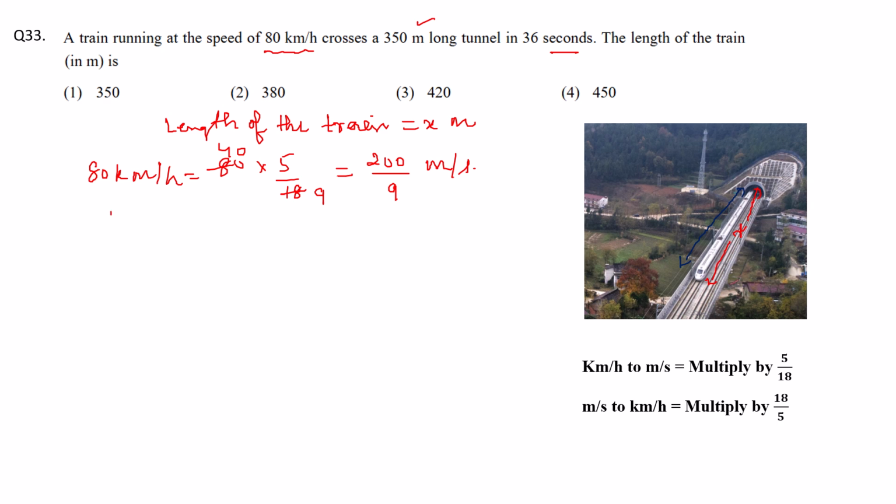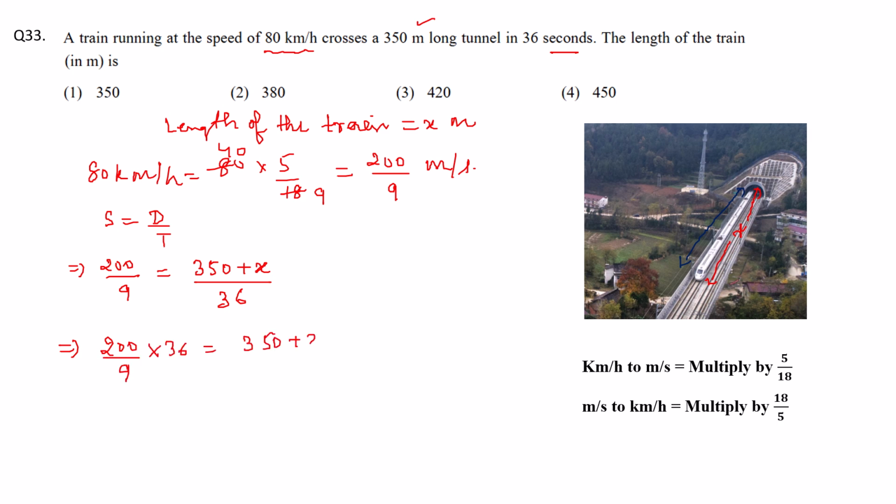Now we know that the speed formula is distance by time. So speed I got as 200 by 9. Distance the train has to cover to cross the tunnel will be length of the tunnel plus length of the train, divided by time taken, which is 36. Now I am transposing 36 from RHS to LHS, because I know that in the 9 table 36 comes, so easily I can cancel it out, isn't it?